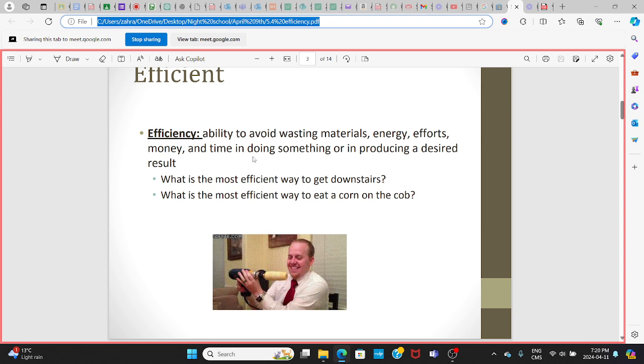Money, time in doing something or in producing a desired result. Let's say you have 1 hour to study and you really study 55 minutes of that.